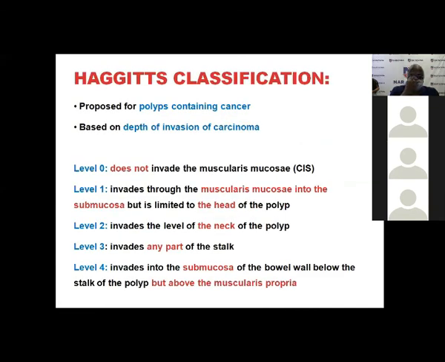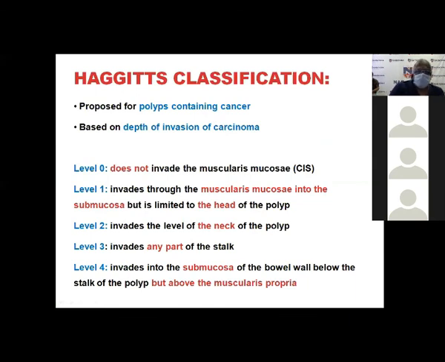Haggitt's classification was proposed for polyps containing cancer based on the depth of invasion of the carcinoma. Level 0, does not invade the muscularis mucosa. Remember, I'm not talking about the muscularis propria, muscularis mucosa. Level 1, muscularis mucosa into the submucosa, but limited to the head of the polyp.